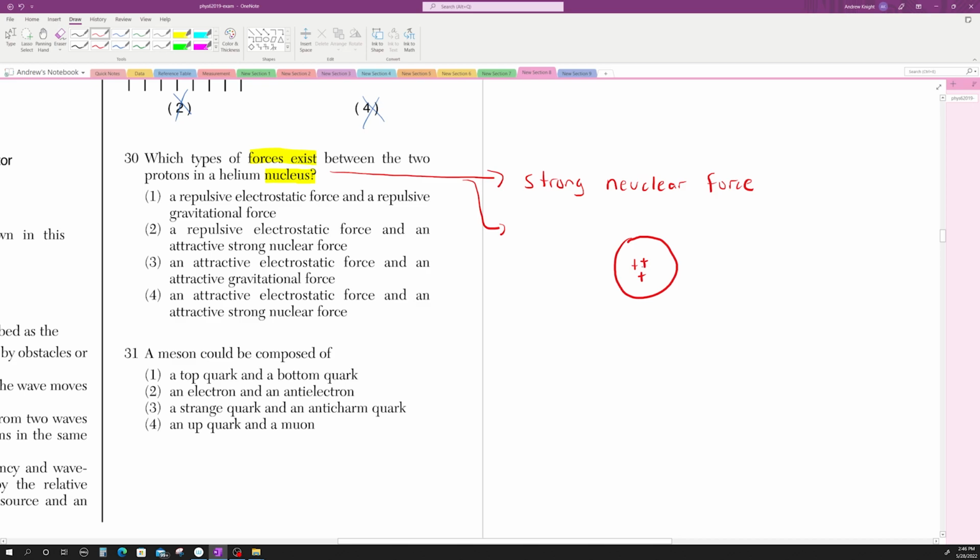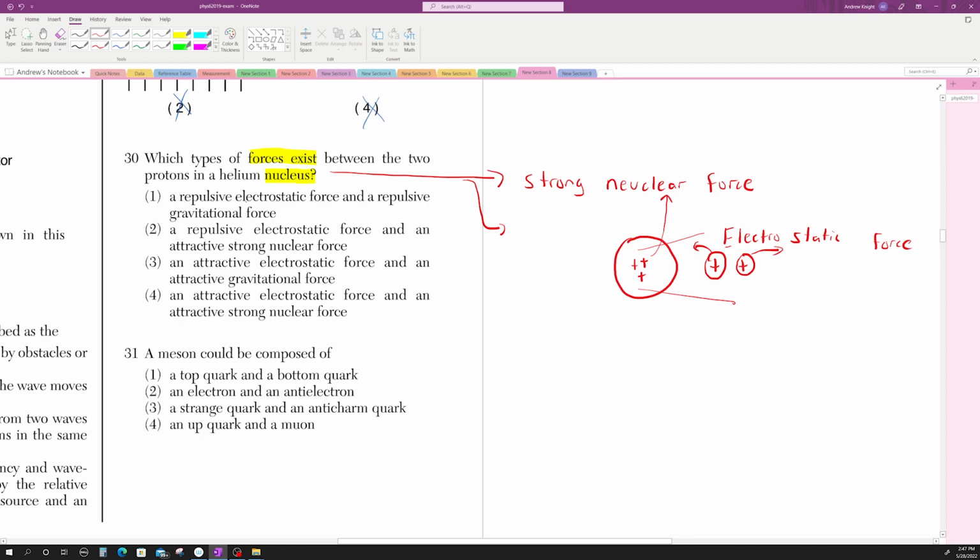They want to separate apart, but they can't separate apart because of the strong nuclear force. But a proton and a proton, these little guys here, don't want to be together. Those little guys want to repel away from each other. That's the electrostatic force. So that electrostatic force is beaten by the strong nuclear force.